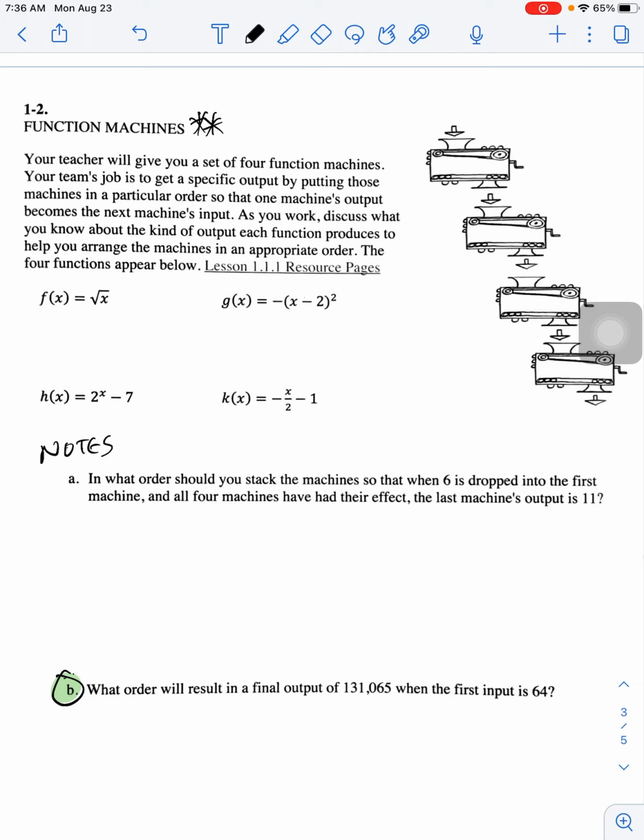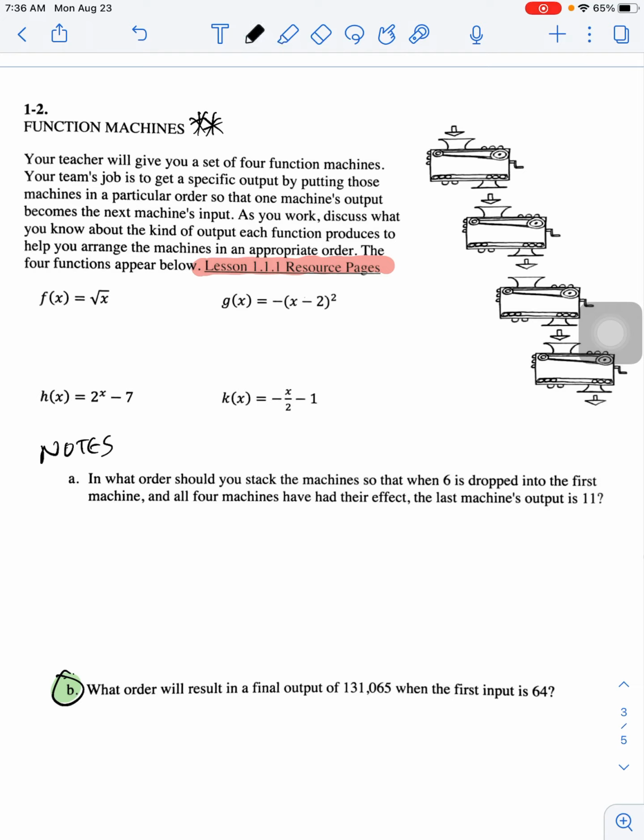The 4 functions appear below. And in your ebook, keep in mind that there are resource pages and also homework help pages.